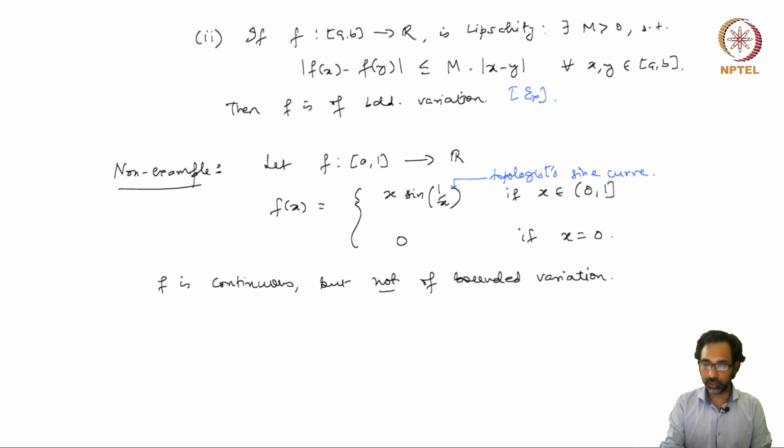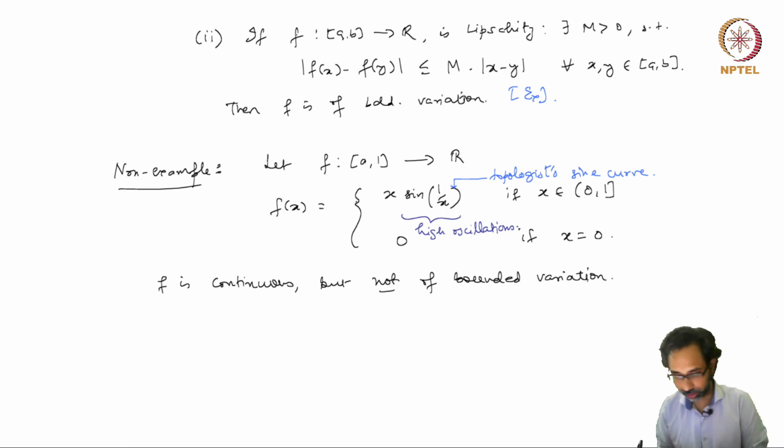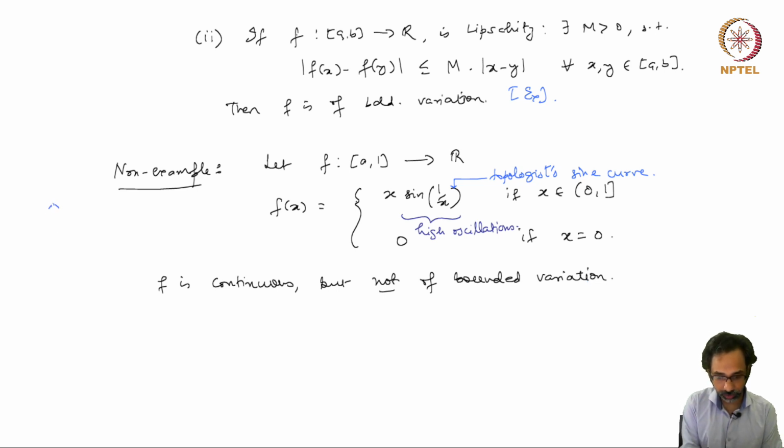The point here is that this factor sine(1/x) has a lot of high oscillations, which means that when x goes closer and closer to 0, there is a lot of wiggle in the graph of this function f(x). So the graph of the function f(x) looks something like this.